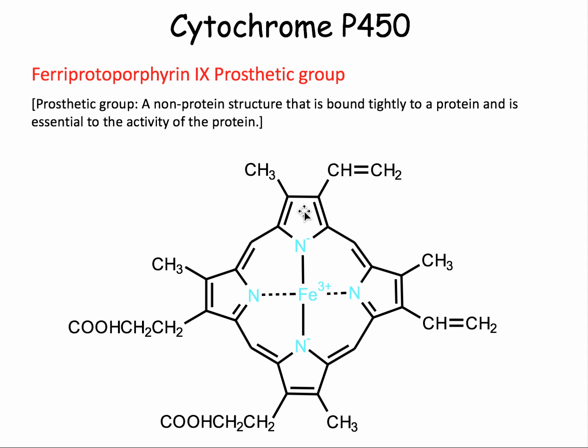So the porphyrin ring is the most important part. This is the center with the Fe, the iron, and the nitrogen. But the prosthetic group is a ferri protoporphyrin, which is found around the outside. So yeah, it's ferri protoporphyrin 9 prosthetic group.